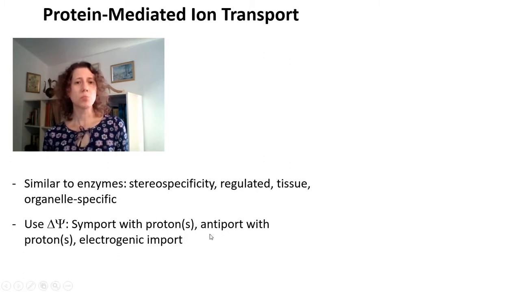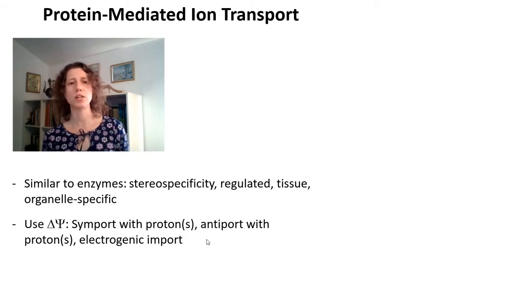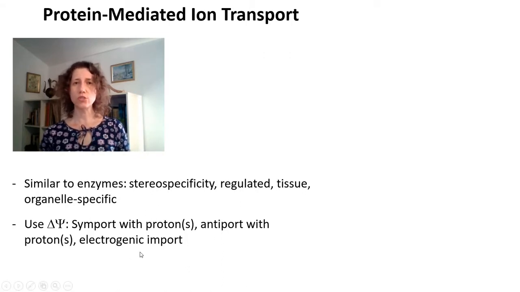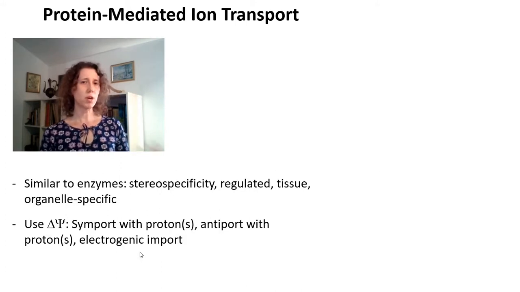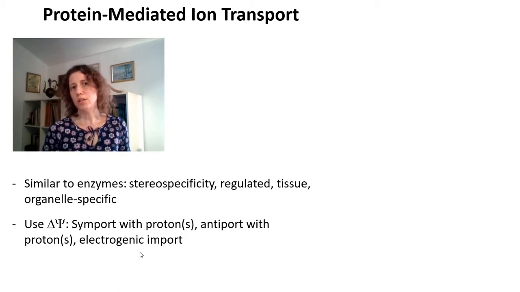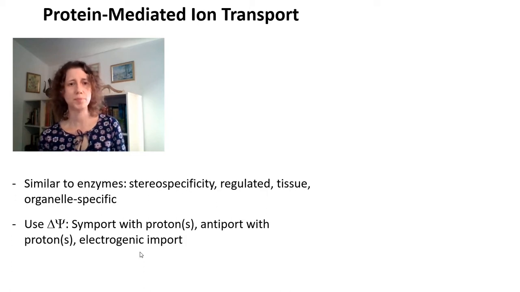You can see antiport with protons in the case of substances that are transported out of mitochondria. And you're also going to see electrogenic import, in which the net result is bringing a positive charge into the mitochondrial matrix. And that's going to be favorable because of the negative characteristic of the mitochondrial matrix normally.